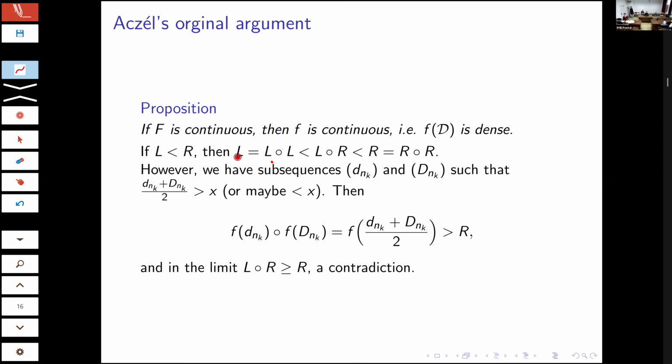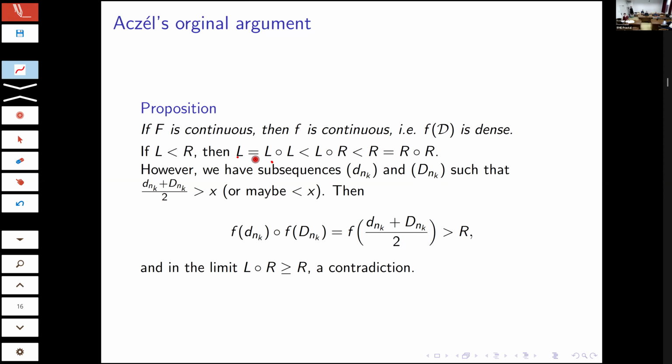This is, by strictly increasingness, in between this one and R, which is R composition R. Okay, so he takes the sequences F, D, and K, and he selects some subsequence so that this arithmetic mean is bigger than x, infinitely many times larger than x.